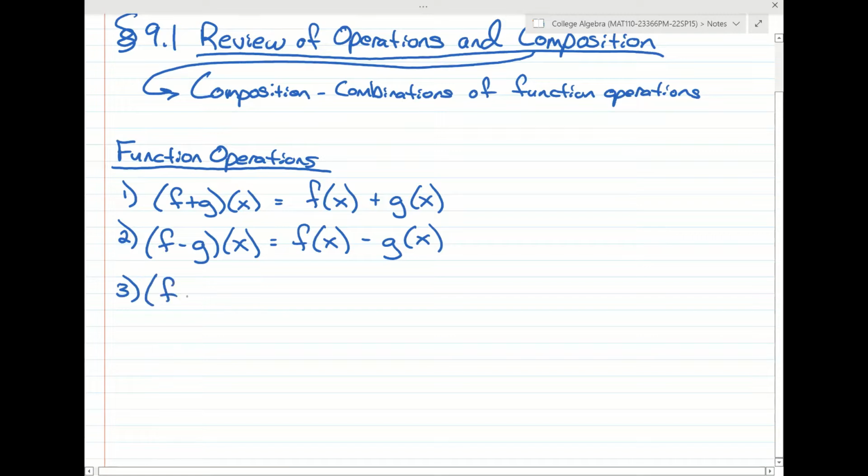If you had them written next to each other, f times g of x like this, or you might even see it written f with a closed circle, g of x, both of these mean the same thing. This just tells you to find f of x and multiply it by g of x.